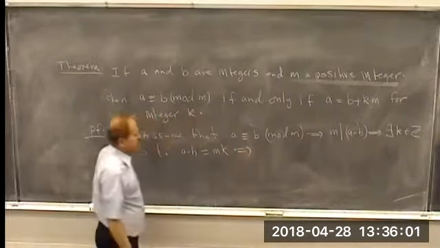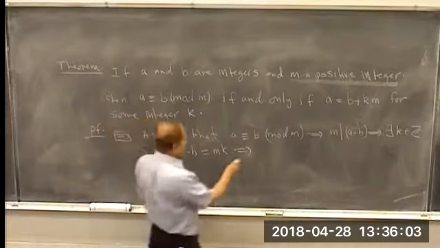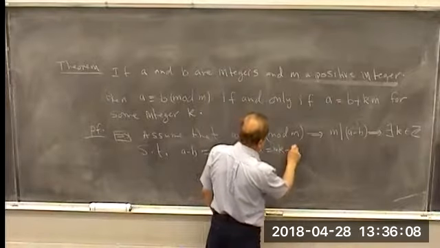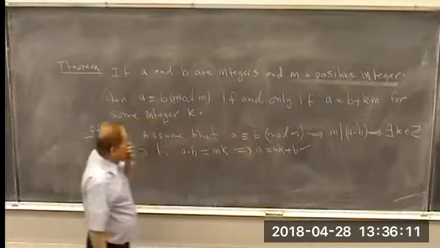And if we solve for A, we get A is equal to B plus MK.